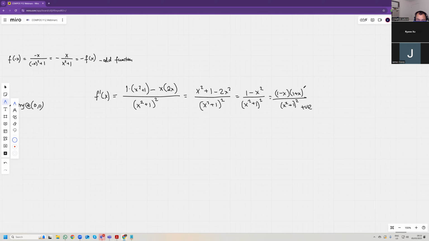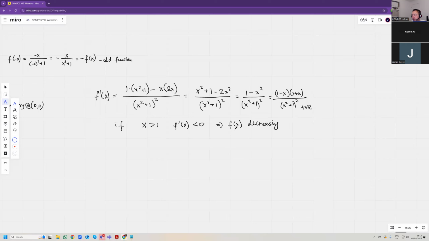Now this thing, well, we can work out that if x is greater than 1, then it's negative. If x is greater than 1, f dash of x is negative, and that means that f of x is decreasing.